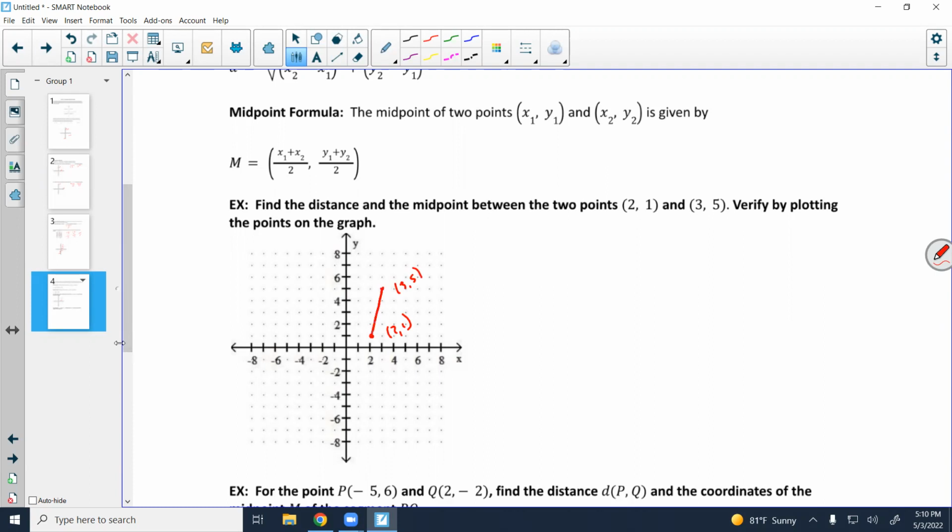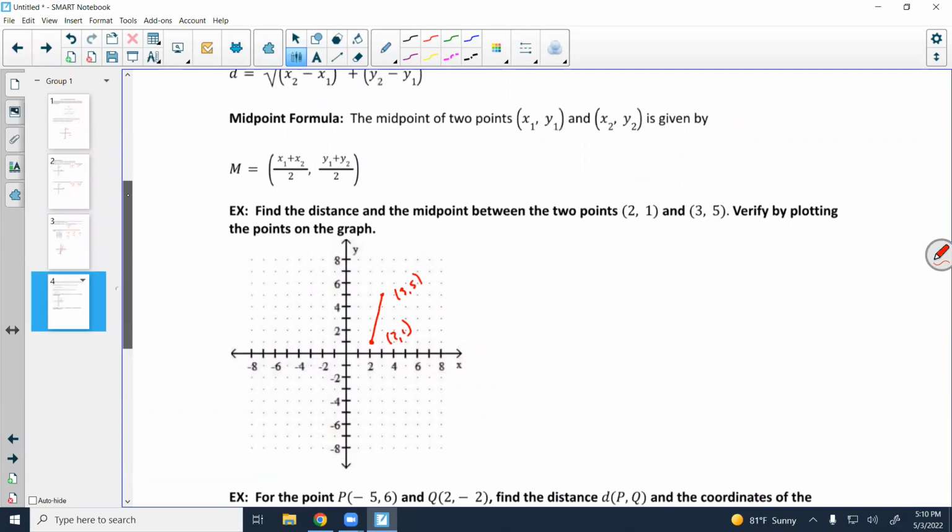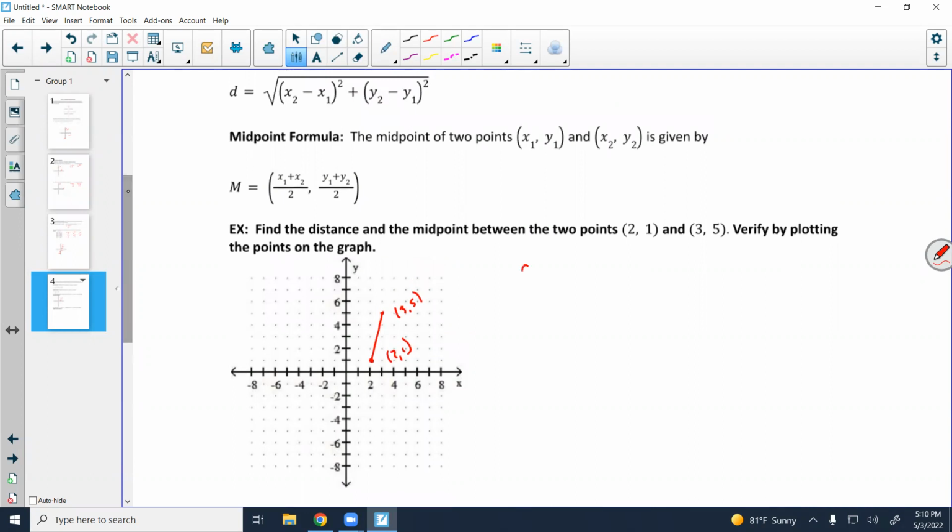So this is the distance I'm looking for. Now, it doesn't matter which one we consider (x1, y1) and (x2, y2), as long as we're consistent. So our distance equals the square root of (x2 minus x1) squared plus (y2 minus y1) squared.